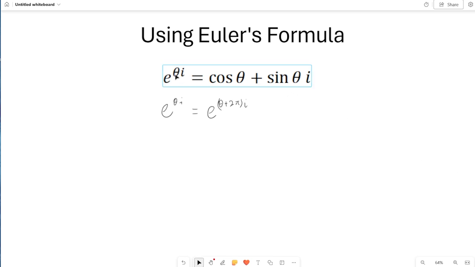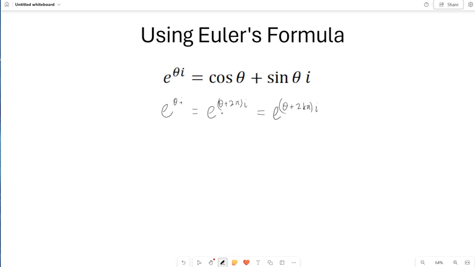By the way, I'm using theta as the variable here because we are referring to the angle or the argument of the complex number. It will also be the same if you increase it by any multiples of 360 or 2 pi. This is very clearly true for cosine and sine, and the exponential form simply inherits this.